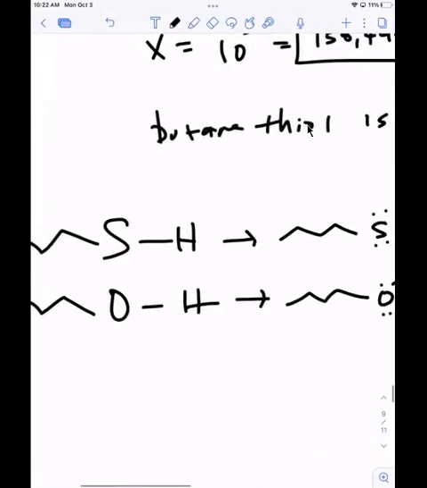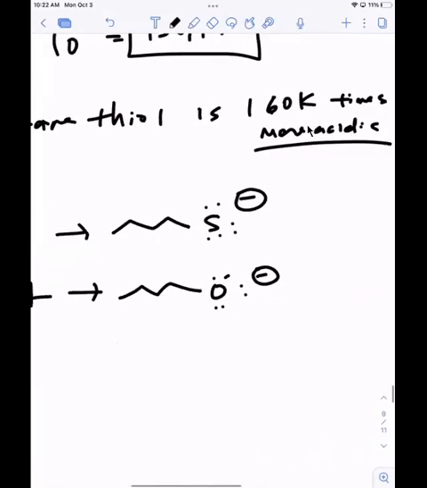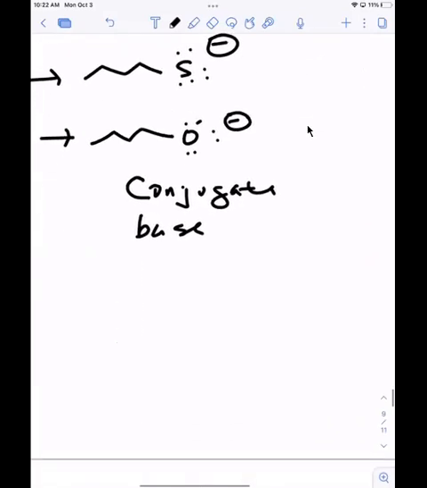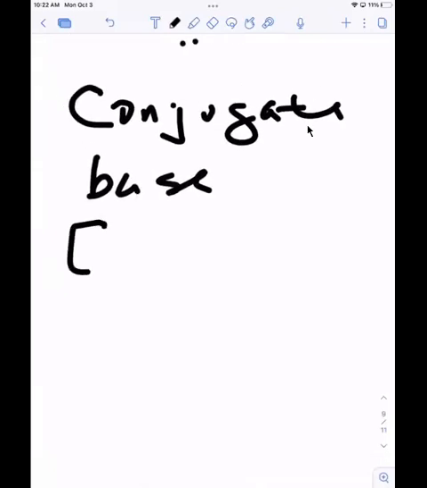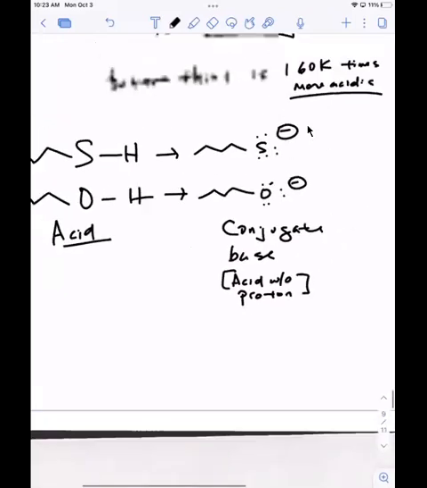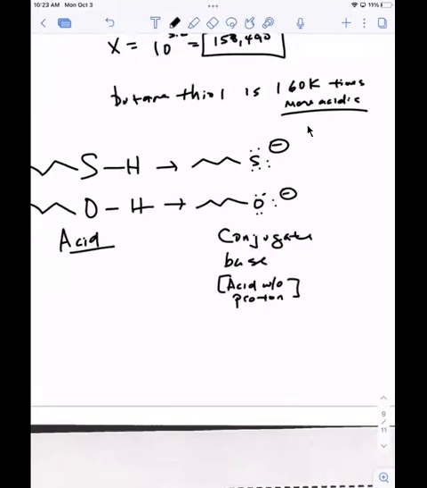Because I'm going from acid to conjugate base. And all this is a fancy term, but all this is the acid without the proton that was attached to it. That's all. That's it. It's the acid after it gives up the proton. It becomes the conjugate base. Everybody on board, say something if you're not.